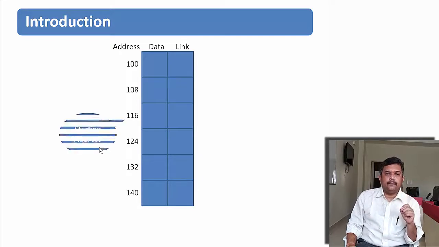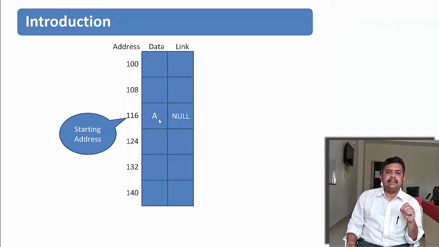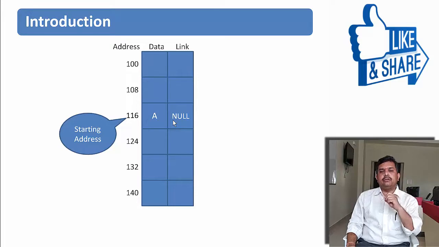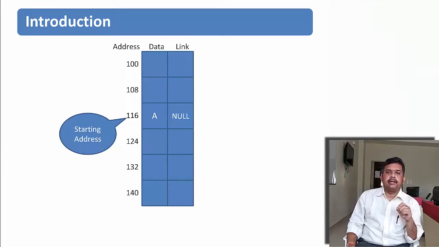Let us say the operating system assigned 116 as my starting address. In this particular location, I save the data A and I don't know my next location now. So when my next location is allocated, at that time I'll keep the address instead of null.